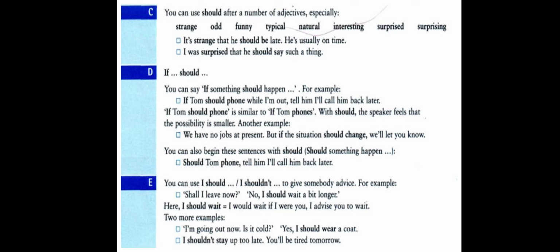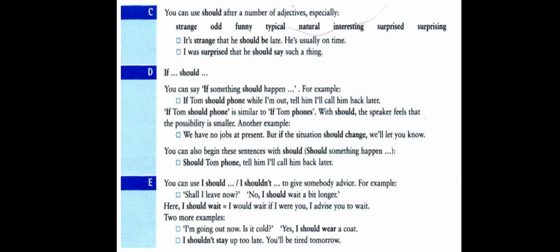Here if Tom should phone is similar to if Tom phones in the present. With should, the speaker feels that the possibility is smaller. So when you use if plus should in the subordinate clause, that means the possibility is smaller than using if plus present simple.